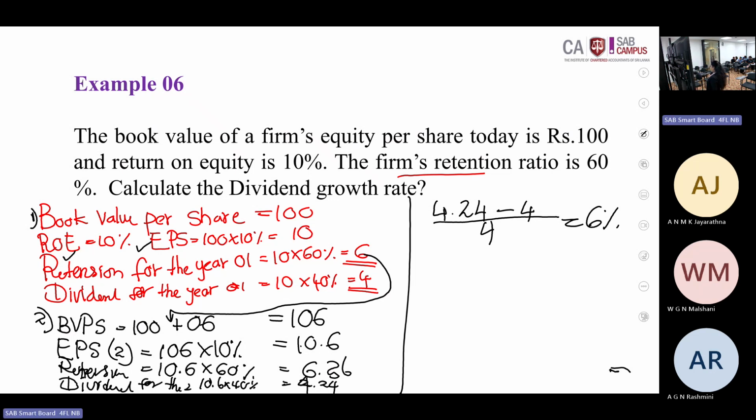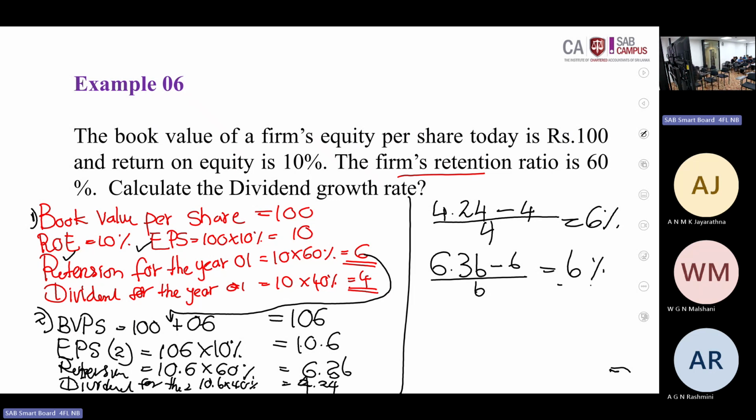The other way around, right? We'll calculate like this. Retention growth: 3.36 minus 6 divided by 6. What is the retention growth? Yes, exactly. That also 6.